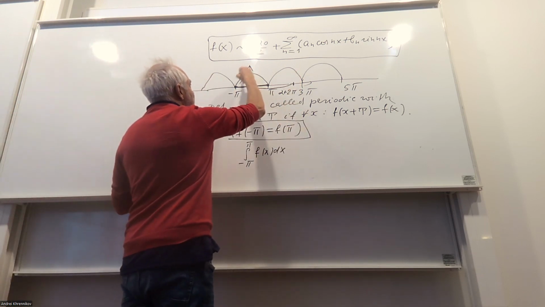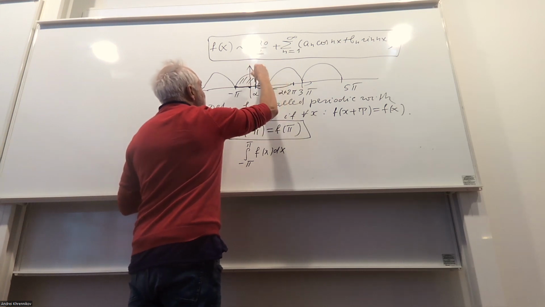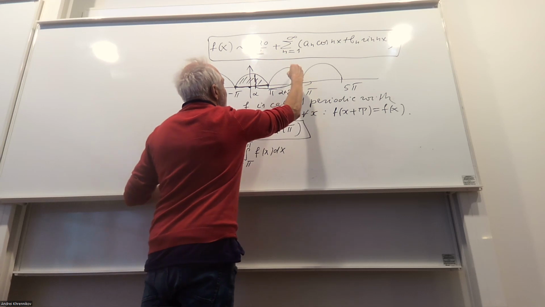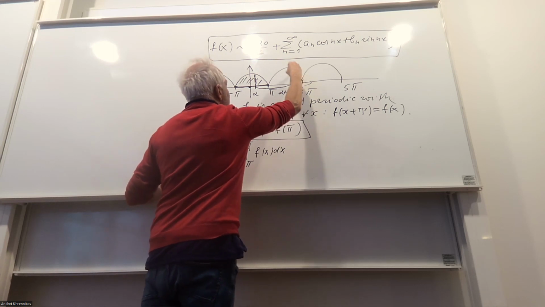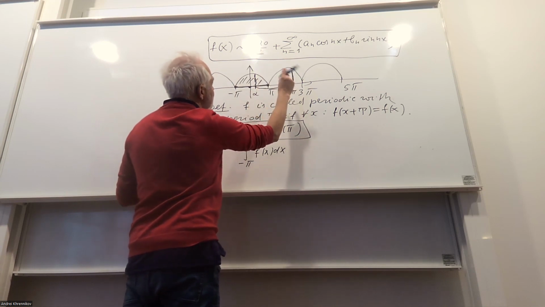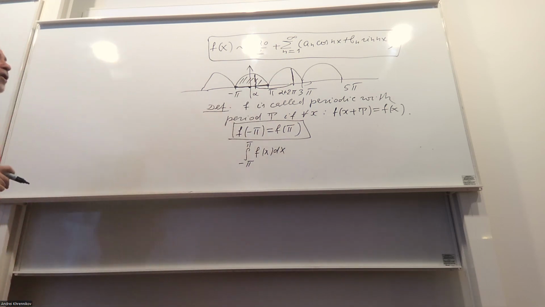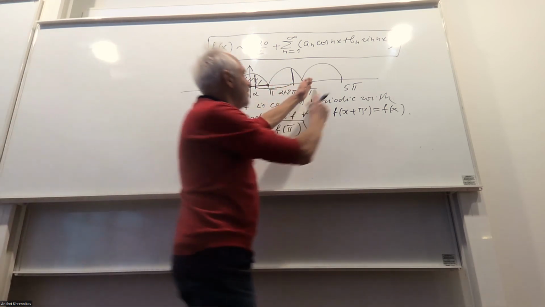Because when we integrate here, it is the whole base. When we integrate here, we have two pieces, this one and this one. So this block is this block, and this block is this block as it was. But of course, you can move alpha anywhere.